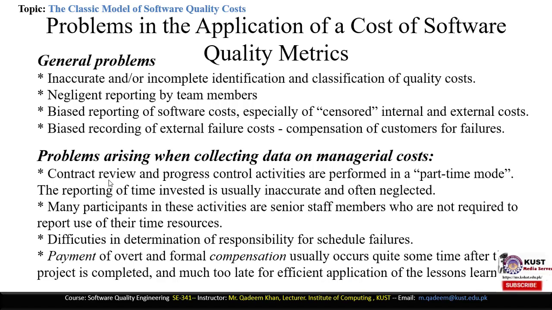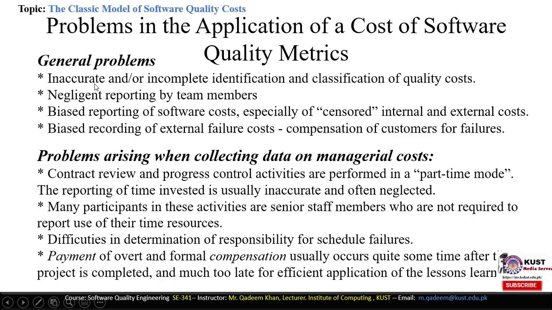Now, computing the cost of software quality metrics is a very complex task, and certain problems may arise while computing it. General problems include inaccurate or incomplete identification and classification of quality cost.